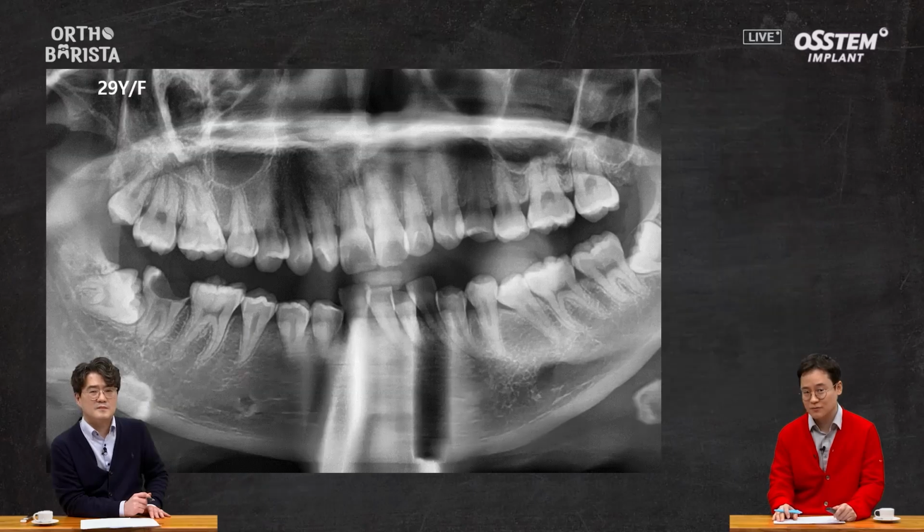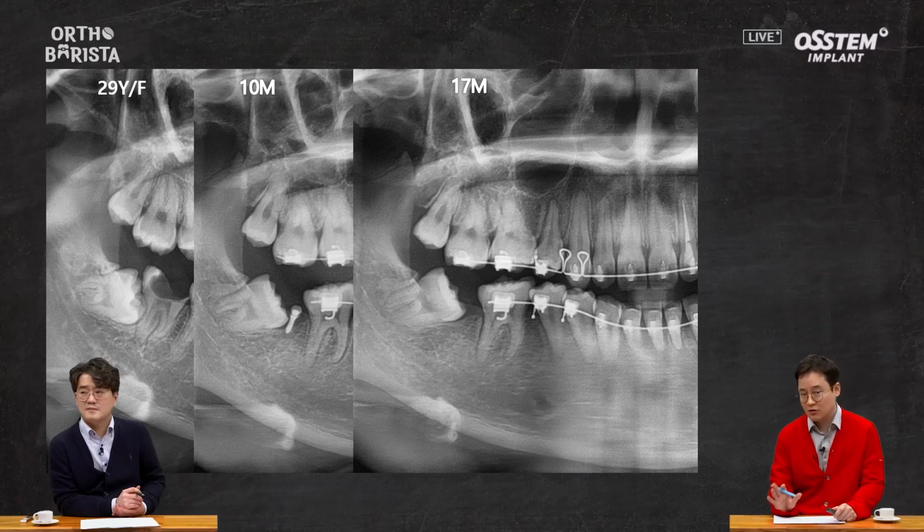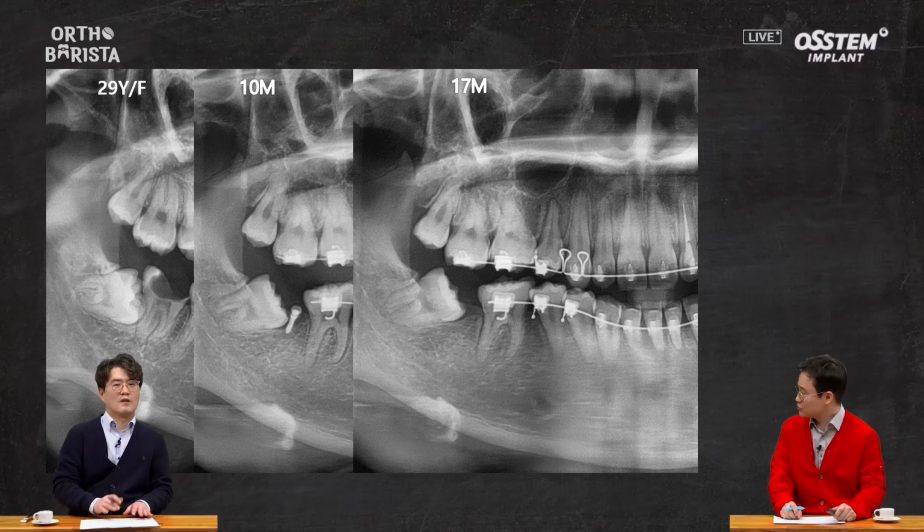But in this patient's progress, after 10 months and then 17 months, no appliance was attached. Yet the root formation was complete. How does this movement even happen?